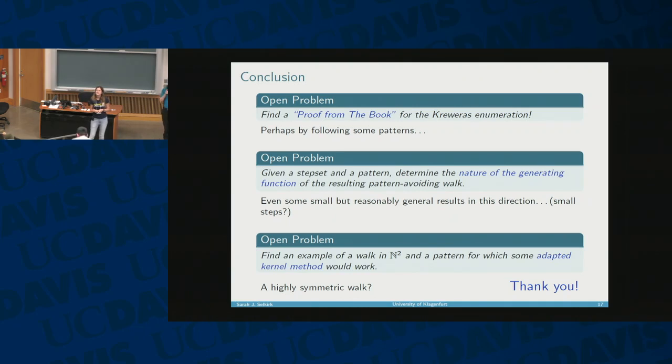Colin. Repeat the question. The question was that the formula for Kreweras walks without pattern avoidance relates, up to a power of 2, to the formula for 2-stack sortable permutations.